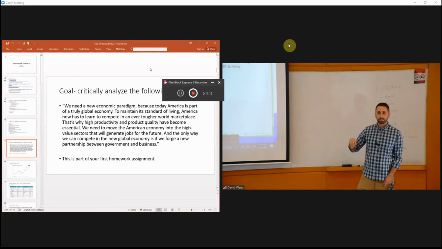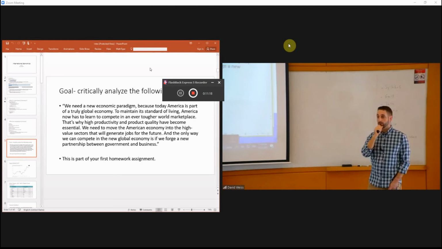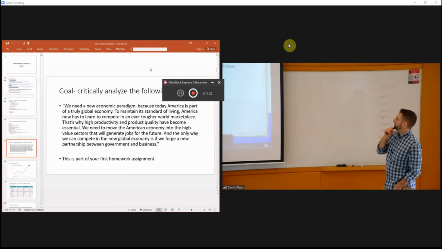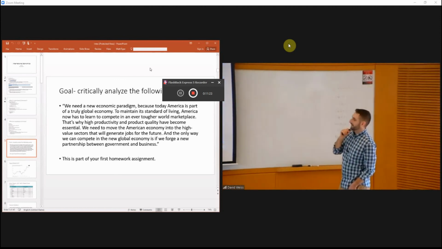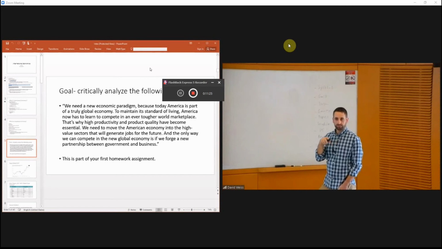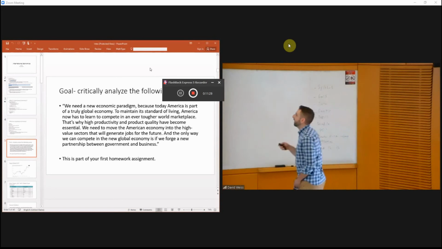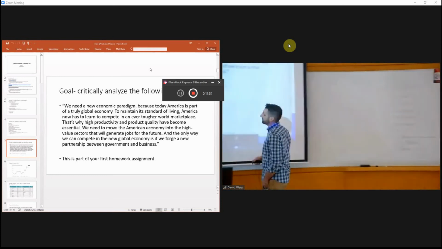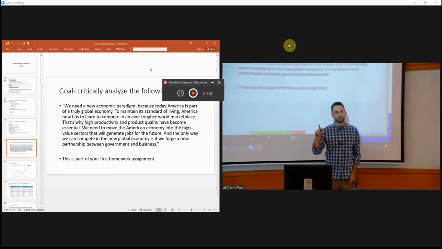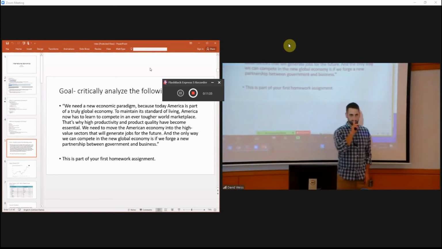Who thinks that they're left-wing? Left, okay. And who thinks that they're neutral? Okay. So I guess a lot of you guys said left-wing. I'm just going to guess because the government has to get involved. Is that okay? Okay. The answer is that this is a made-up quote entirely.